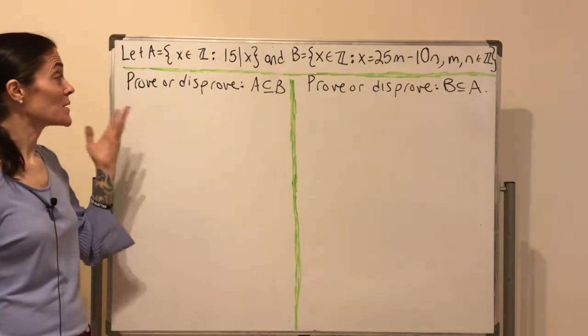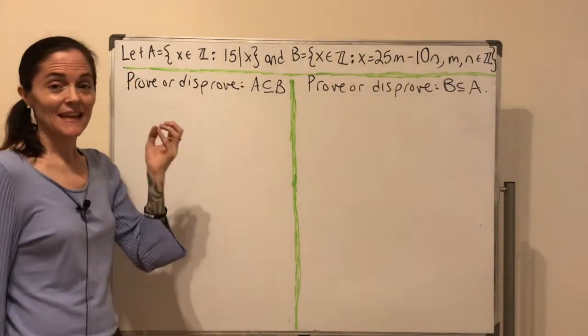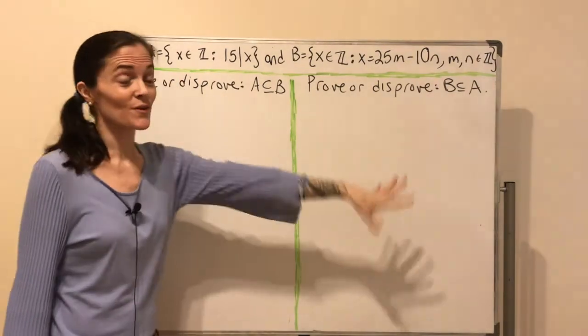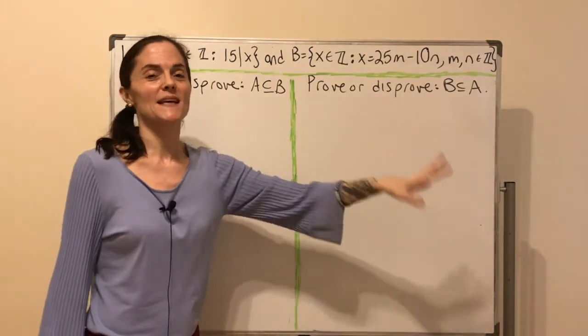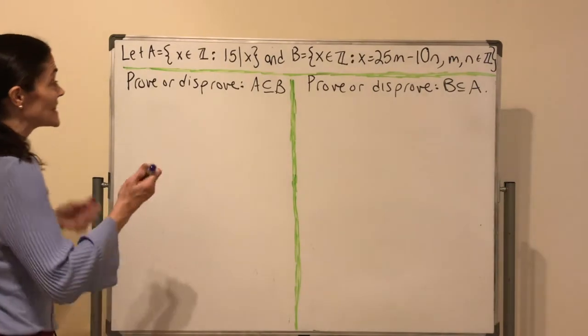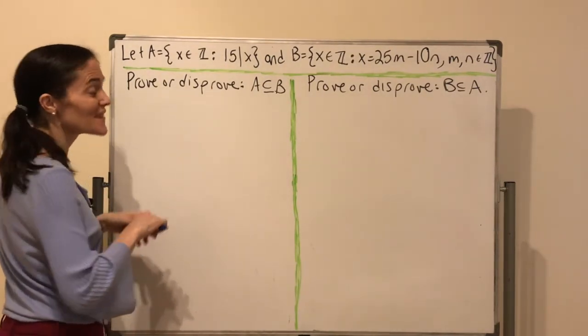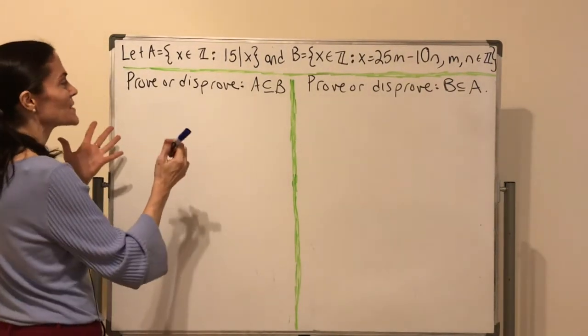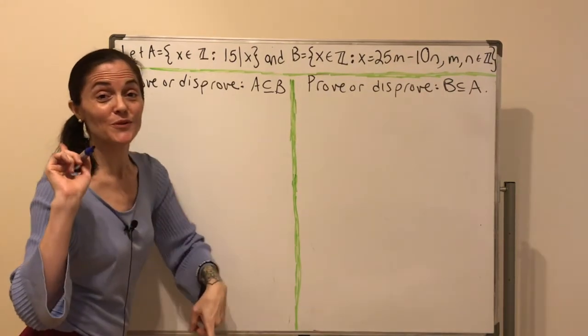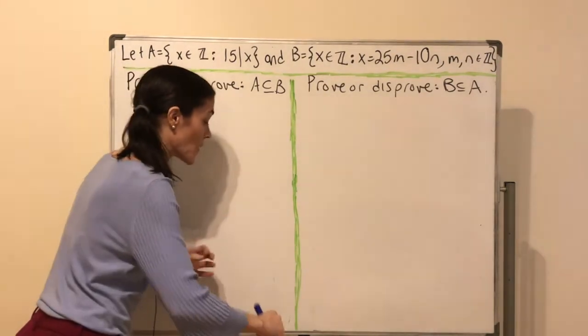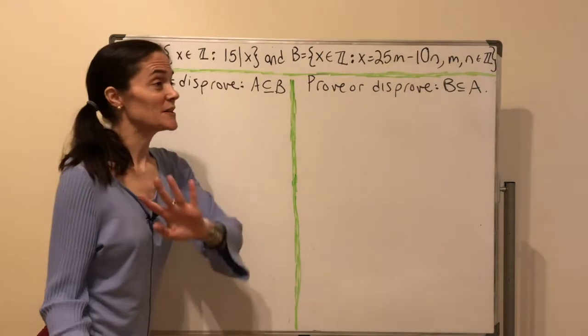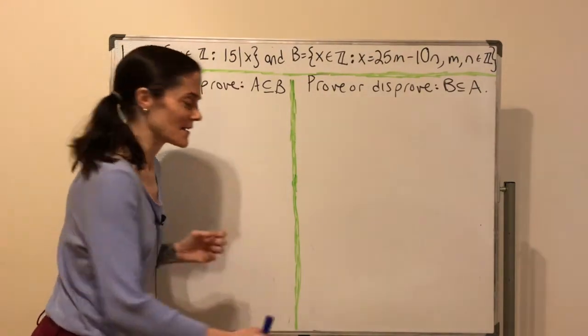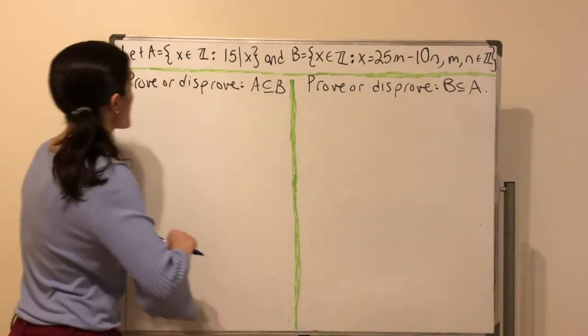And then we want to prove or disprove A is a subset of B, and prove or disprove B is a subset of A. I like this example very much, but in any case, one of them I will tell you is prove, one of them is disprove. So in particular, we do not have A equals B here, but let's figure out which.